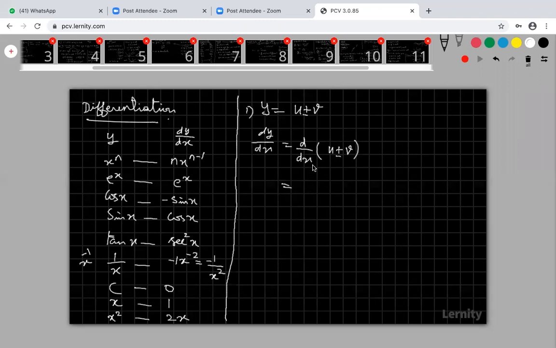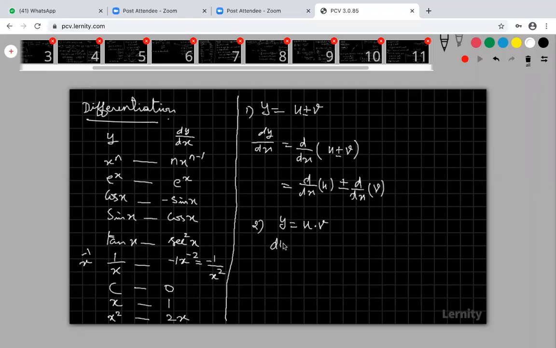You have to differentiate separately: du by dx plus or minus dv by dx, correct.